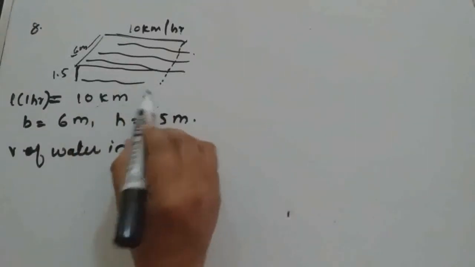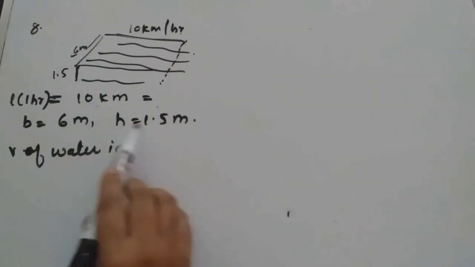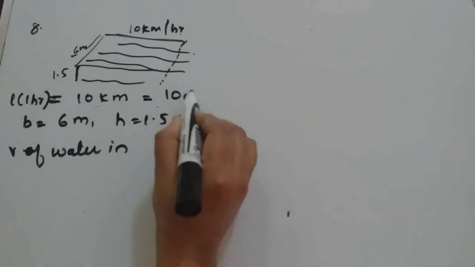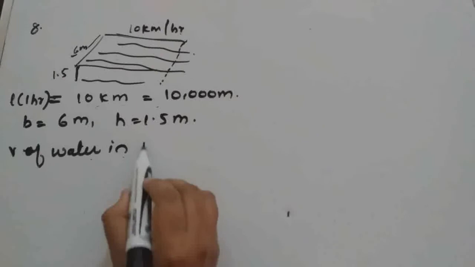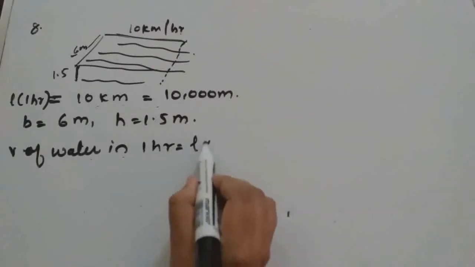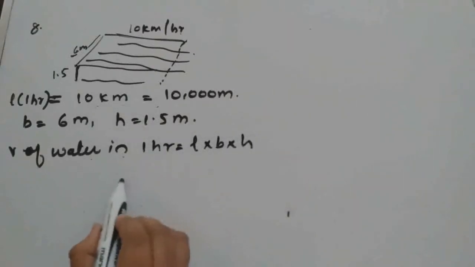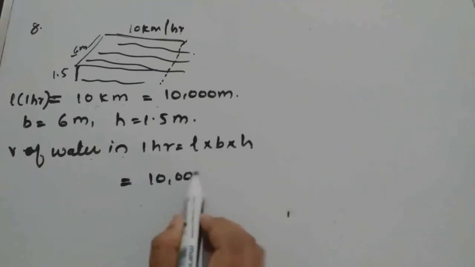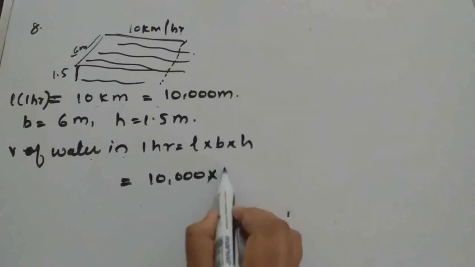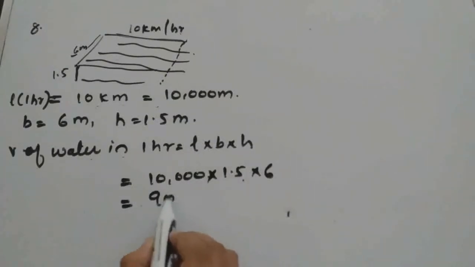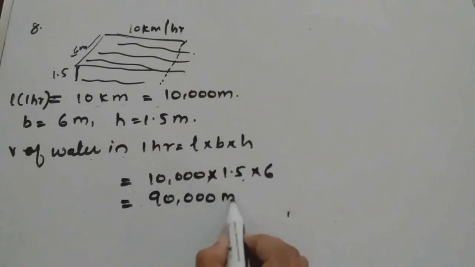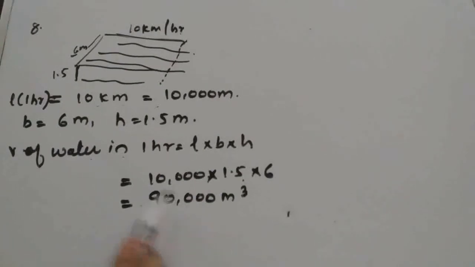We can convert this into meter because all the dimensions are in meter. So 10,000 meters. Volume of water in 1 hour will be L into B into H, that is 10,000 into 1.5 into 6. So 90,000 meter cube is the volume of water in 1 hour.